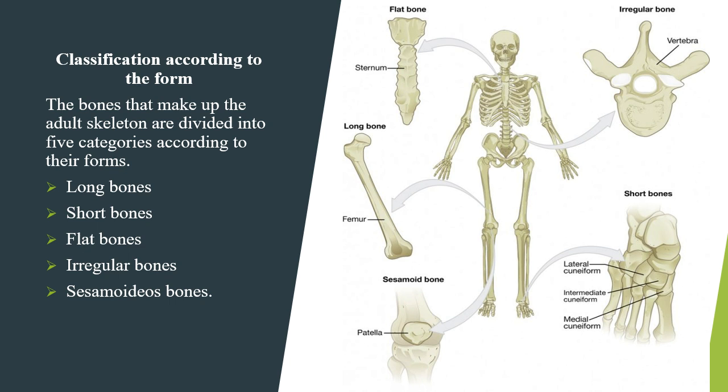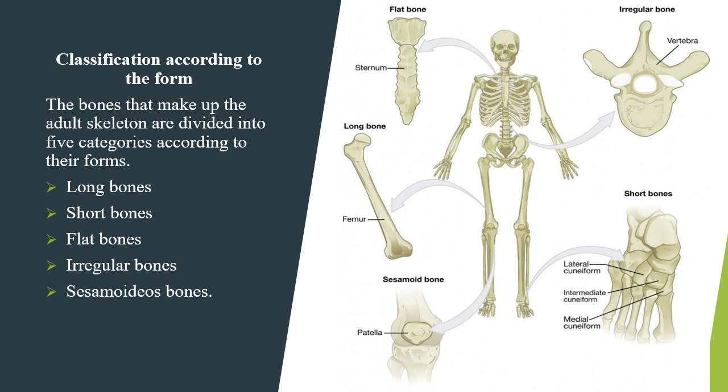Classification according to the form. The bones that make up the adult skeleton are divided in 5 categories according to their form: long bone, short bone, flat bone, irregular bone, sesamoid bone. In this image, we see some examples of bones according to the classification.